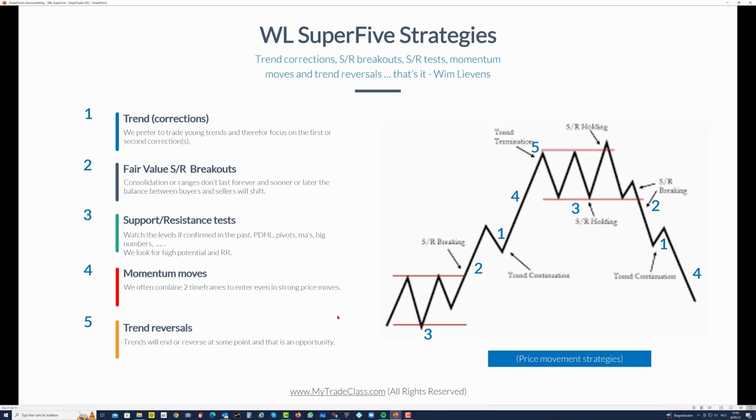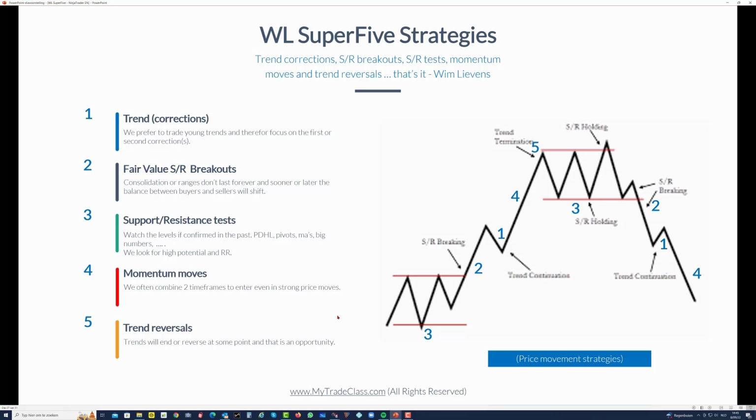I will show this to you later. But so you have trend corrections, and look at the image. Number 1, the breakouts. That's number 2, break to the upside, to the downside, support and resistance tests, momentum or impulse move, and then the trend reversals.